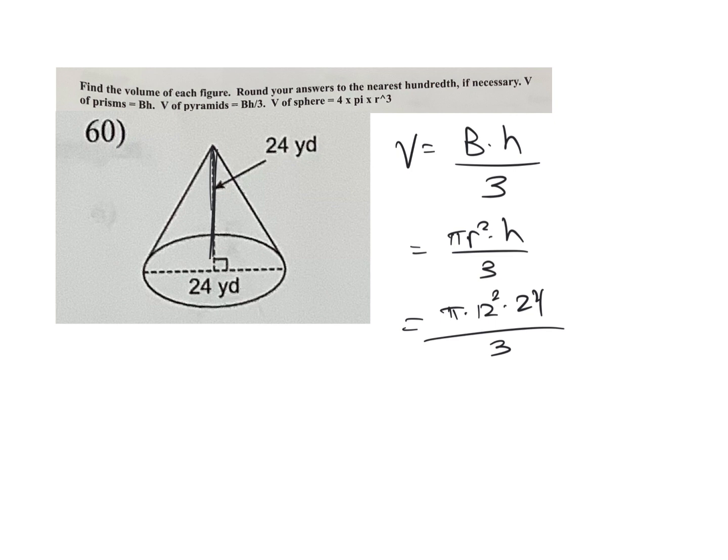And you should get 3,619.11 cubic yards. All right, 61. This is a pyramid.